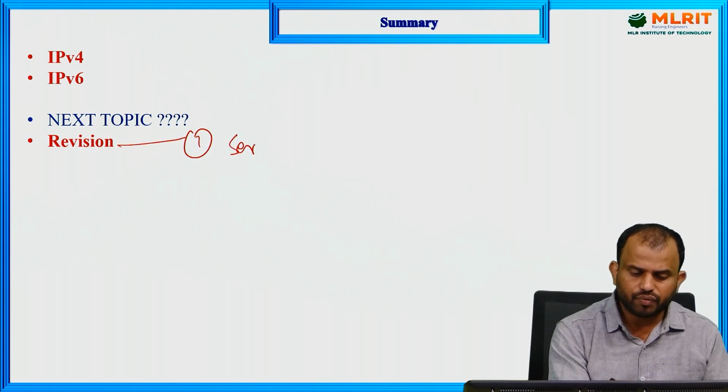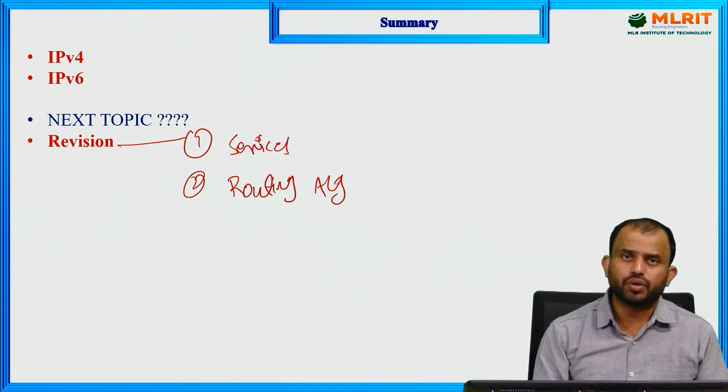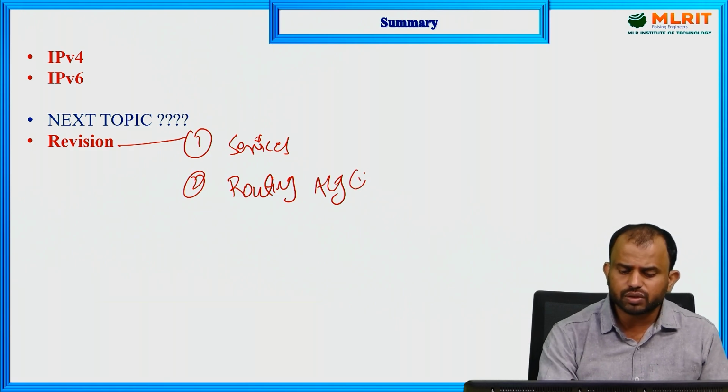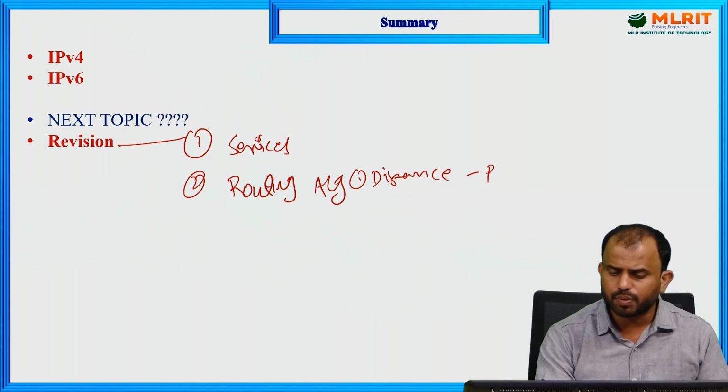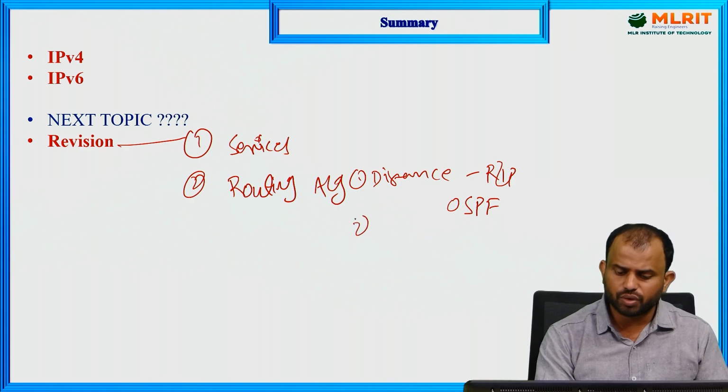And another important thing is what kind of routing algorithms we are using. That is also a very important topic, because when we discuss routing algorithms, there are many things. We go for the distance vector routing algorithm, which comes under the RIP protocol, the Routing Information Protocol, or we discuss the OSPF protocol, or the Bellman-Ford algorithm, or Dijkstra's algorithm.